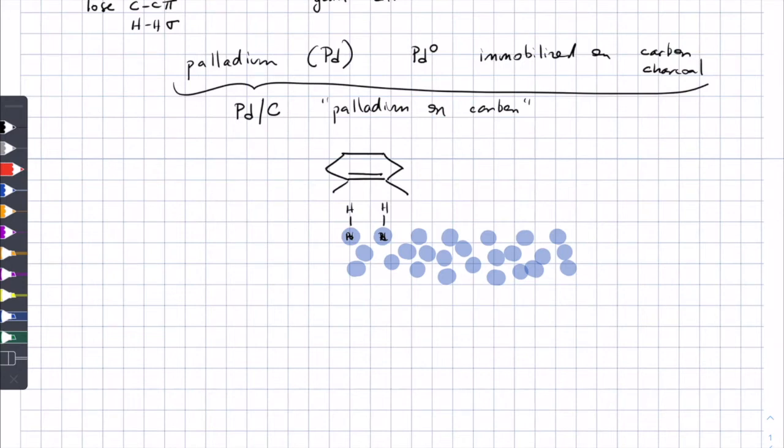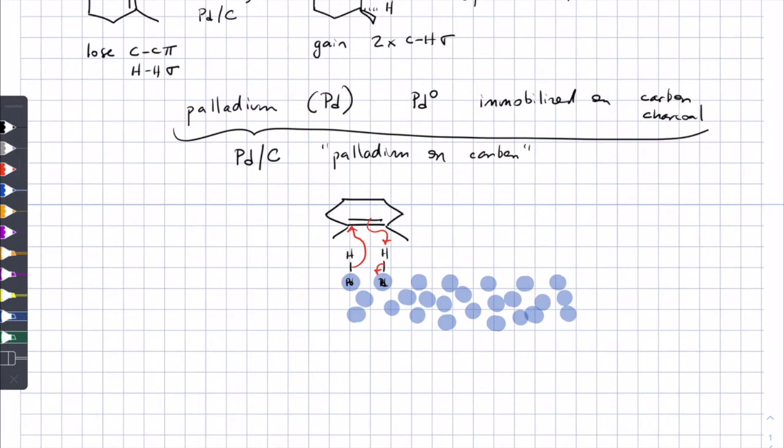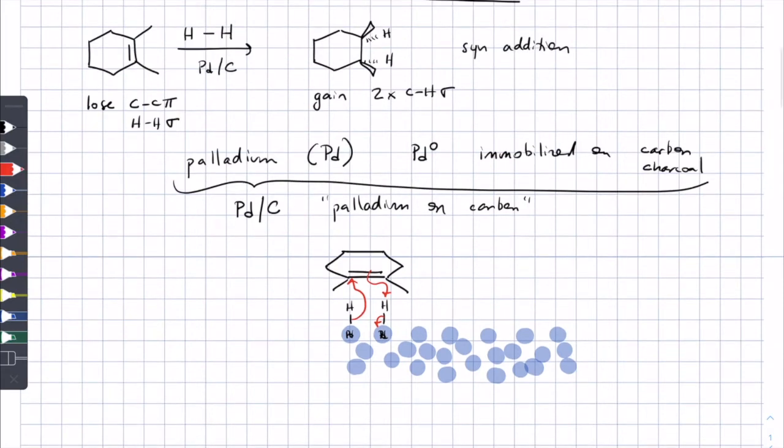If you wanted to push arrows, I suppose you could do something like this, though that's more of a reminder of what happens than an explanation for why it happens. But you use the metal surface to break the hydrogen-hydrogen bond, and then the olefin accepts both hydrogens from the same face. Okay? Questions so far? Your text maybe will call this catalytic hydrogenation. All right. Anything?